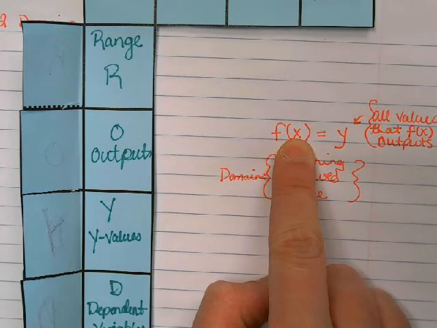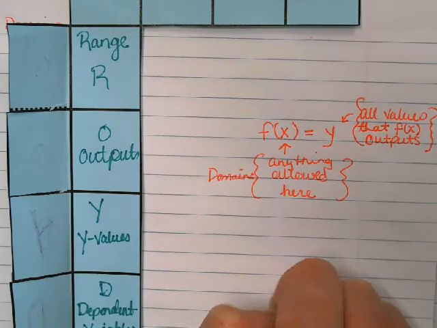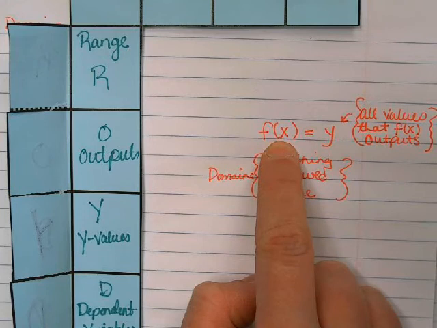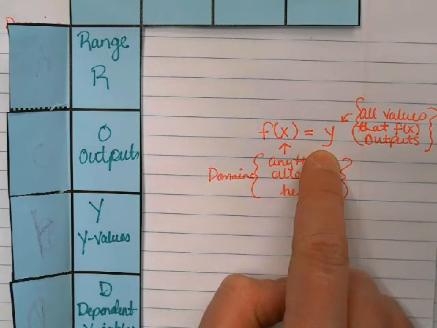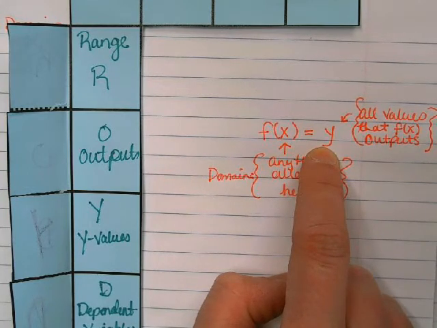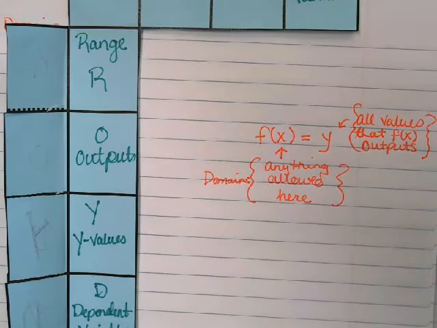Okay, so the domain is anything that we're allowed to put into the function, and all values that f of x outputs, that's the range. So domain is anything allowed in, and range is everything you get out. It's the set of all numbers allowed in and the set of all numbers you get out.